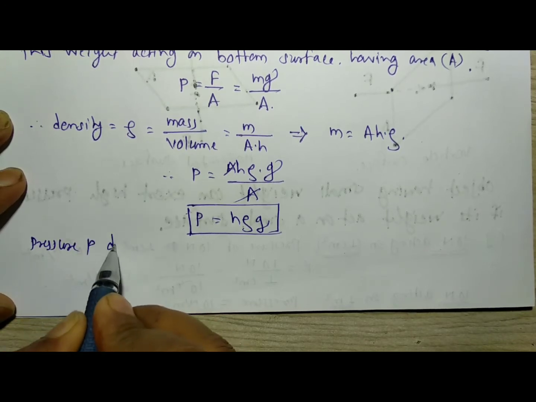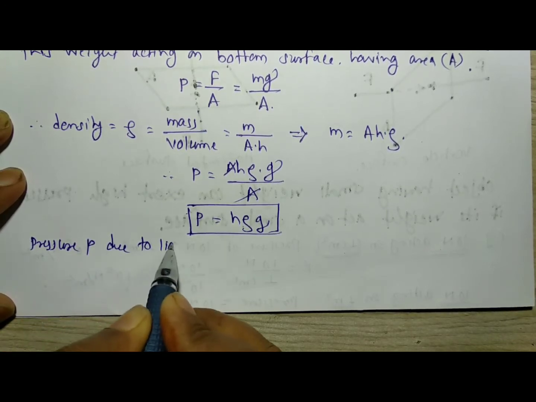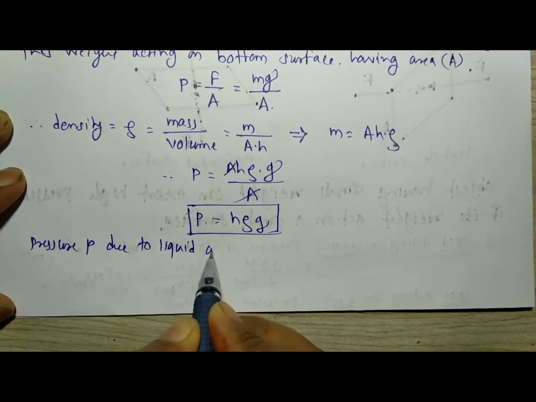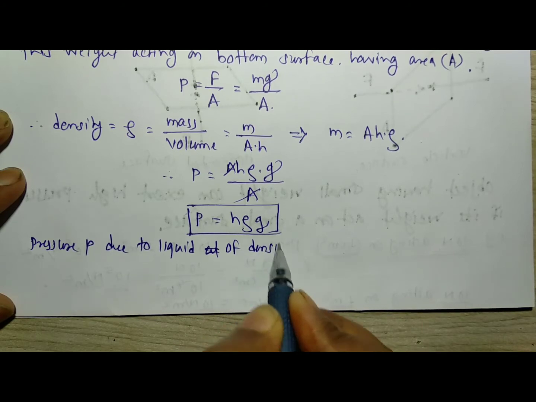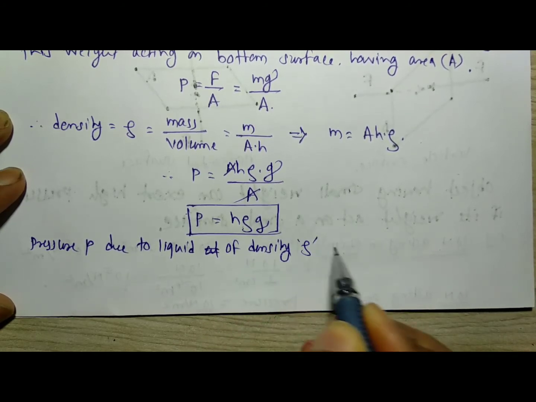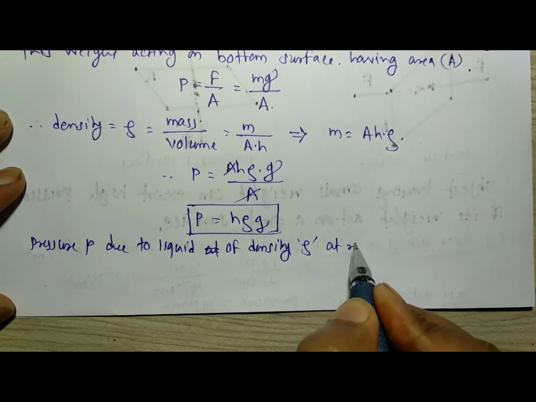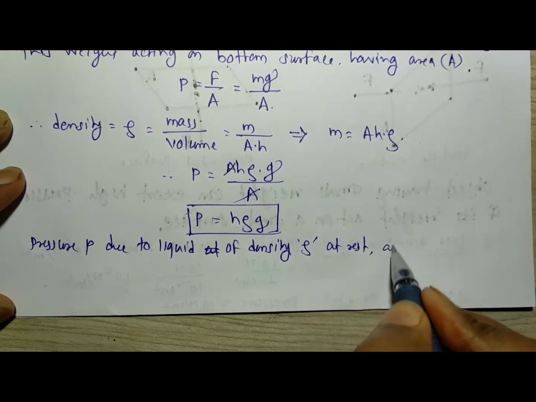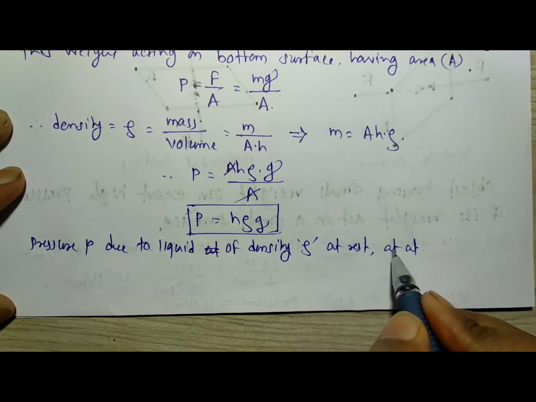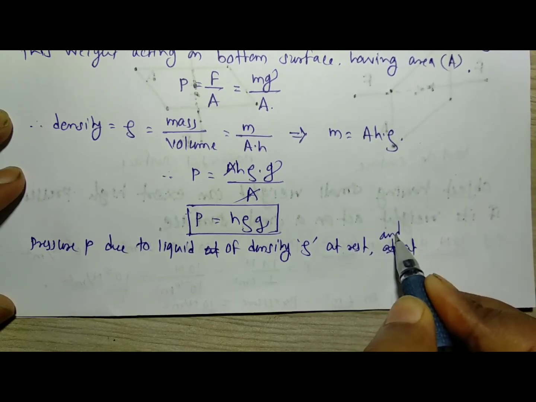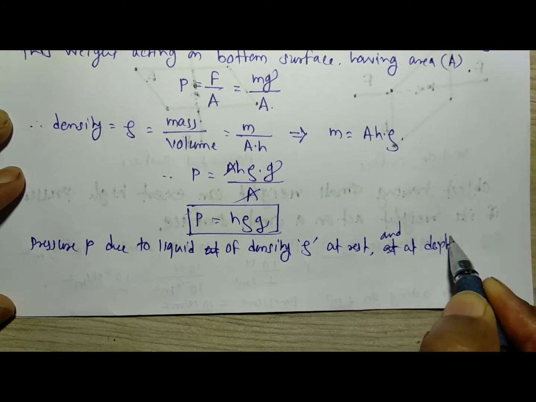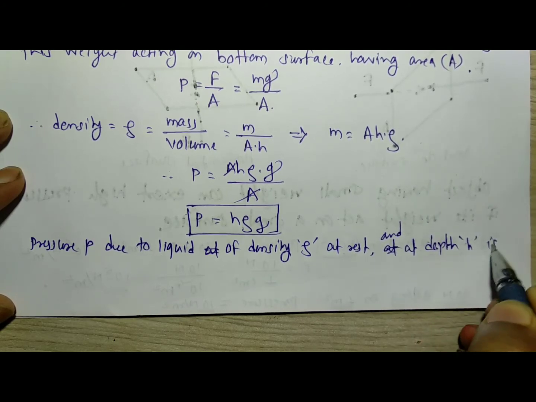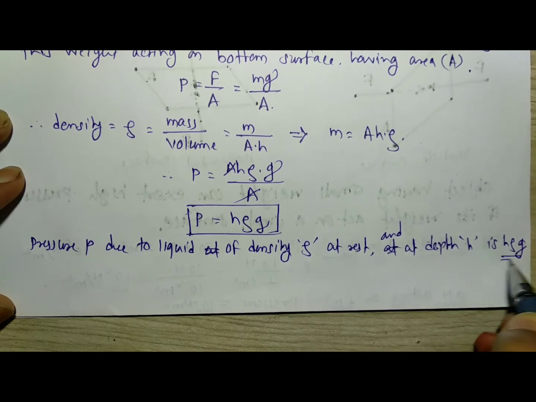As such you can say that the pressure P due to a liquid of density rho at rest and at depth h is h rho g.